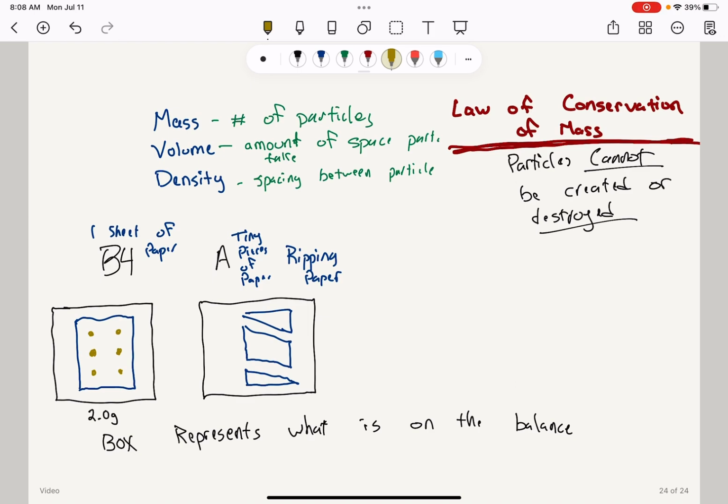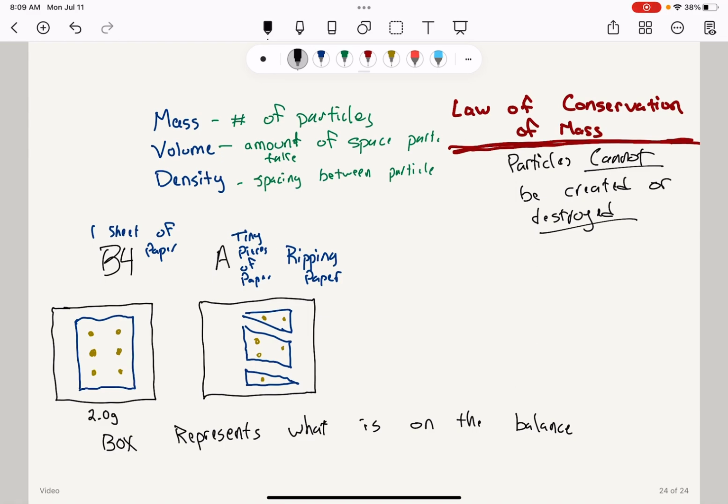It's always the same. So these 6 particles here need to have 6 particles after. So maybe I show 2 up there, maybe 3 down there, and then maybe 1 there. There you go. And so that shows the law of conservation of mass in a physical change. So that one's pretty simple, okay?